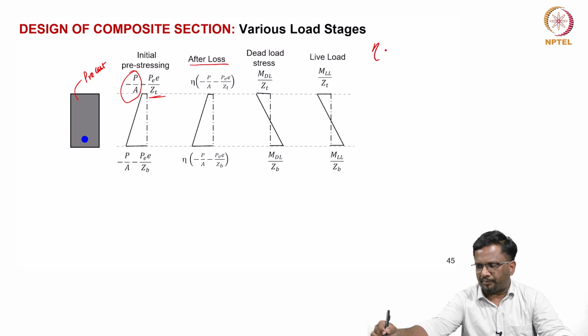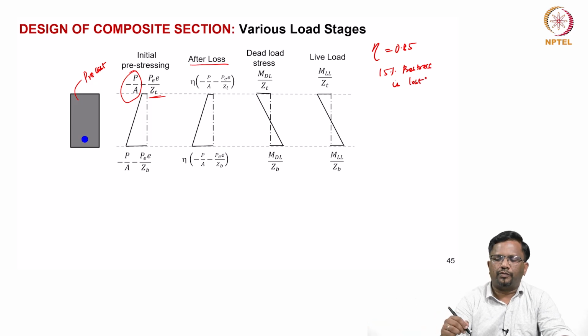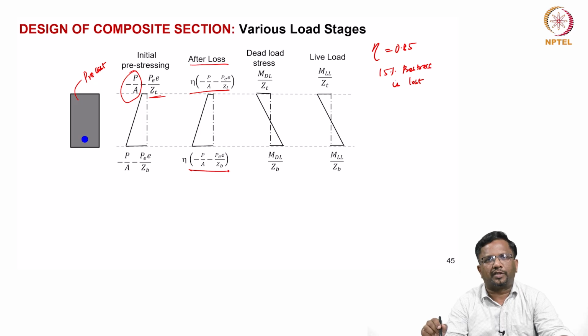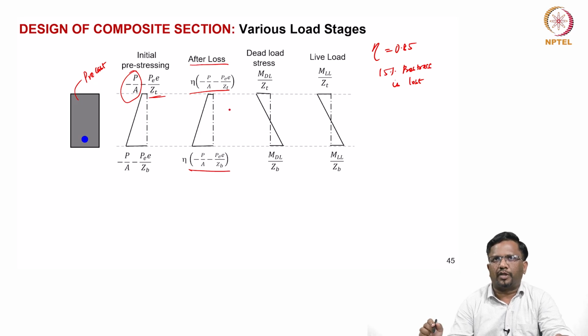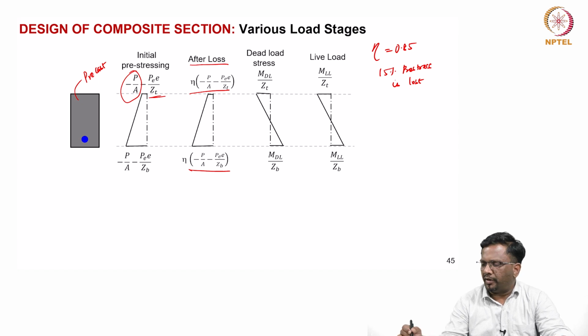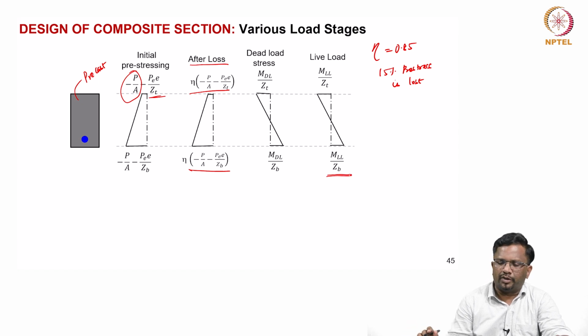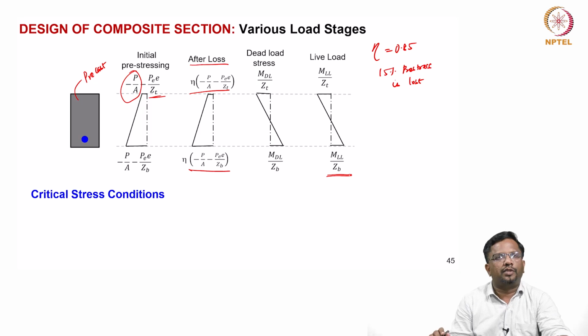Typically, eta factor we take to be 0.85, assuming that 15% of the pre-stress will be lost. So we do the same calculation, reduced by the eta factor. Then the dead load will be resisted only by the precast segment if it is unpropped, and then the live load moment will be resisted by the composite section. These are the different stages.